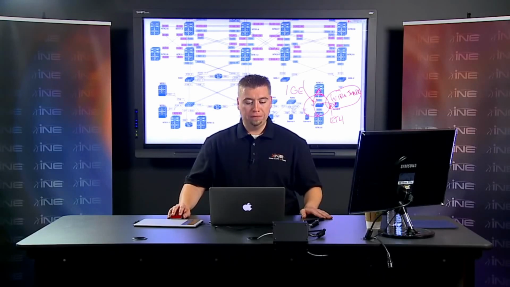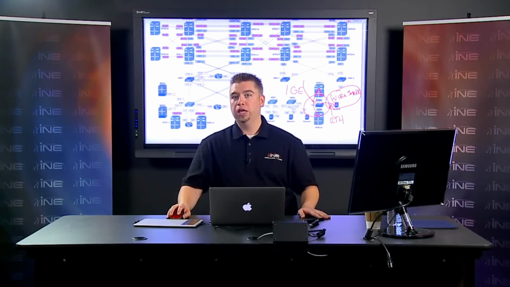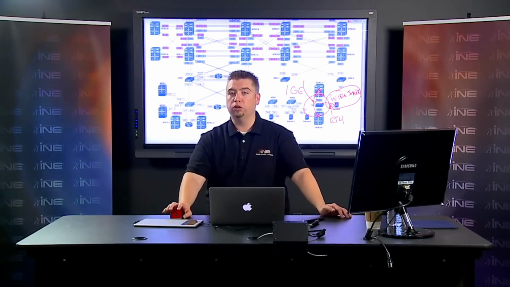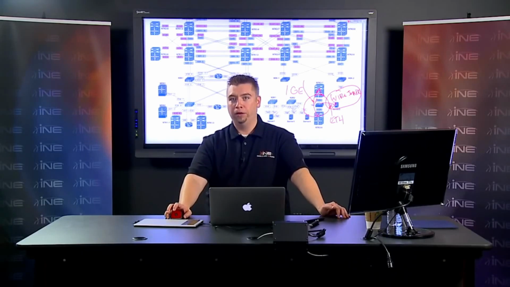There's a question: what is the advantage of conversational learning if the spine switches have to learn all of the end host addresses? The key is that the spine switches do not have to learn all the end host addresses. They only have to learn the ones that are currently routing over FabricPath.